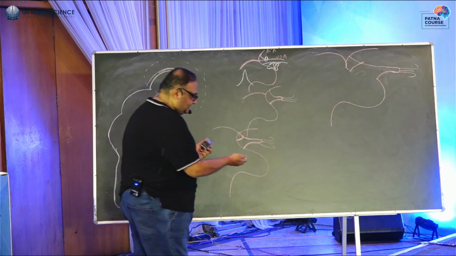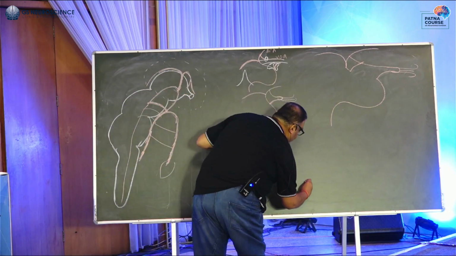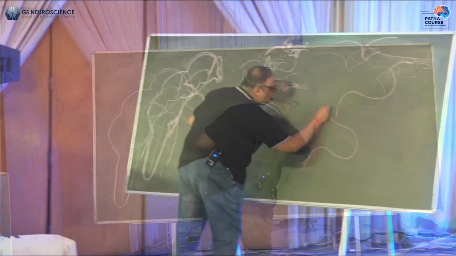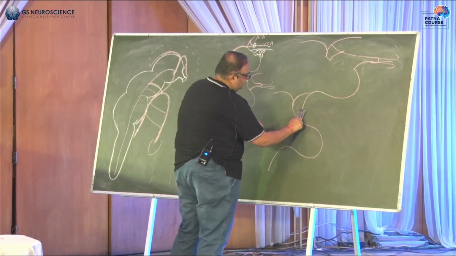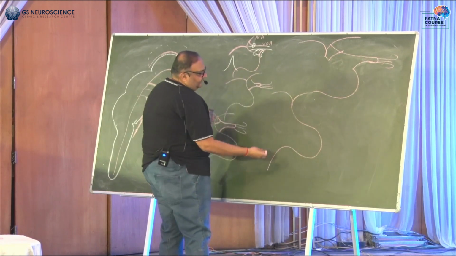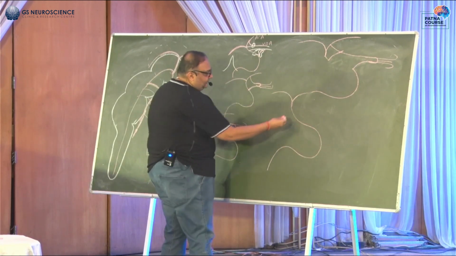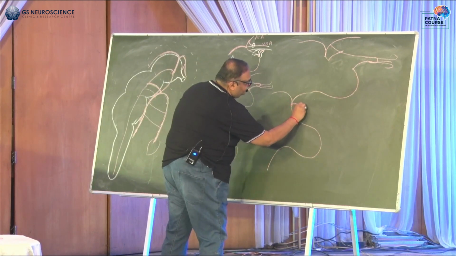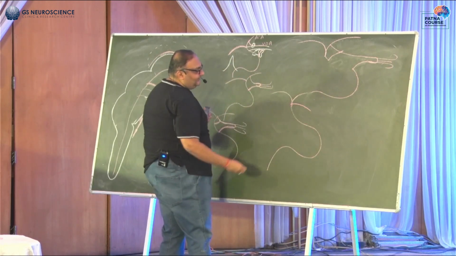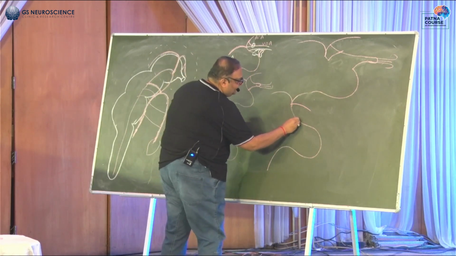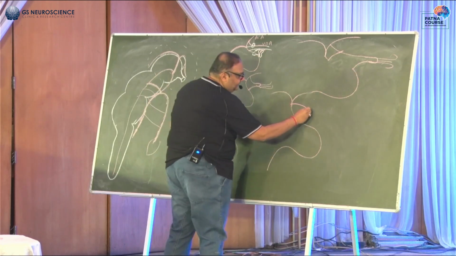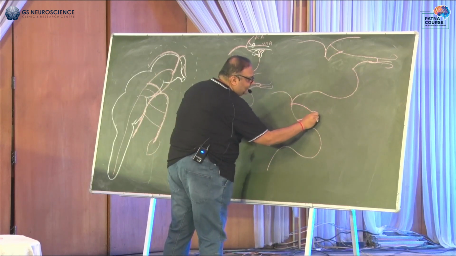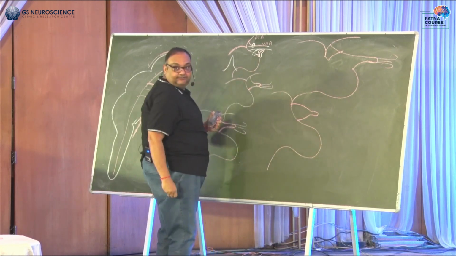So in this disposition, let us draw it like this. We'll erase this one. In this disposition, when you have a supraclinoid arm and an infraclinoid and intracavernous arm, these two arms ultimately anastomose.